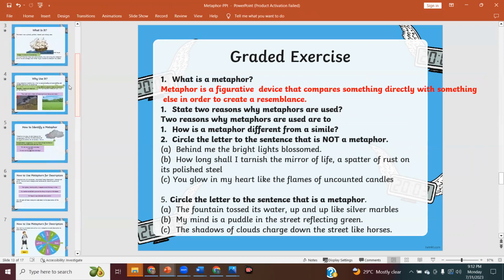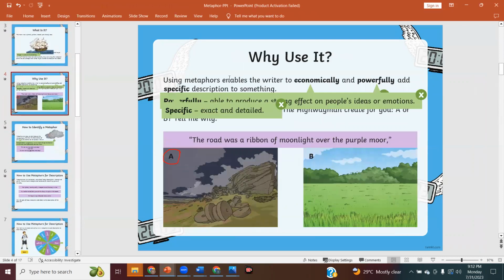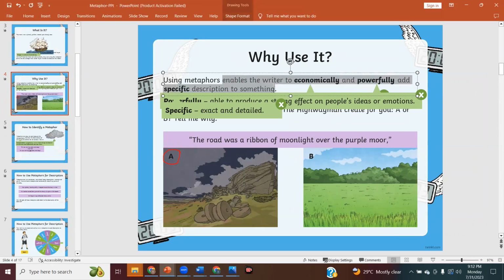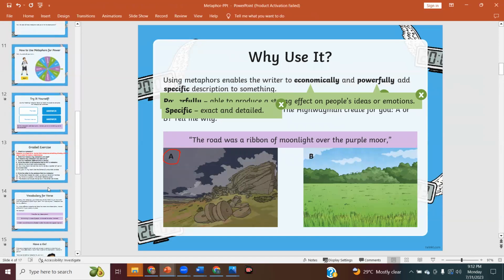To compare. To enable writers to write something what? Economically, powerfully, and add specific description to something.